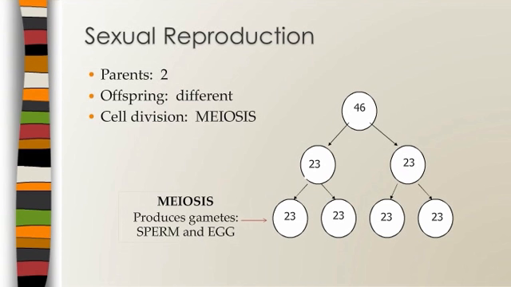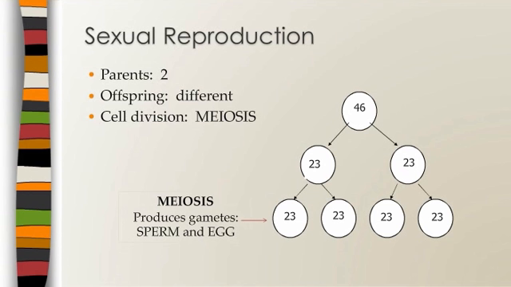So notice that the process of meiosis is different than the process of mitosis. If you start with an organism that has 46 chromosomes, like a human, there are actually 2 divisions to produce these gametes. In the first division, that number is split in half, 23 and 23.